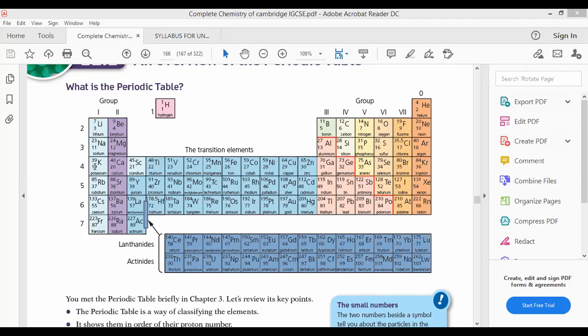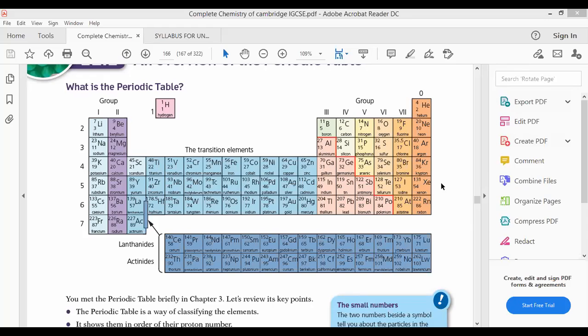But when you start from potassium till Kr, krypton gas, from left to right in the periodic table, this is the left side and this one is the right side. So when you travel from left to right in the periodic table, you are in periods.